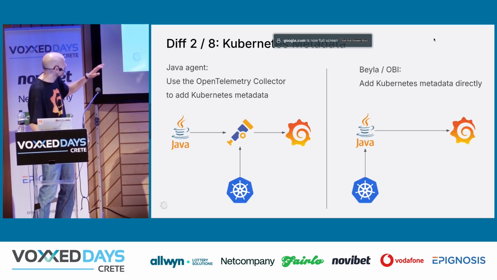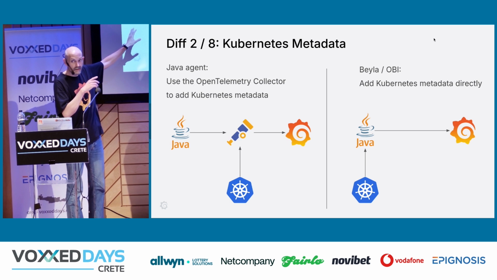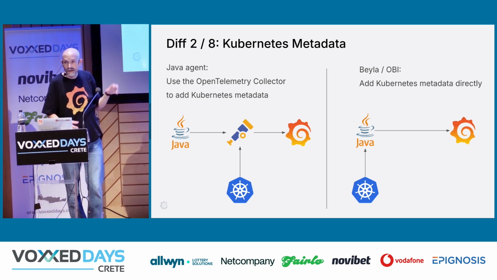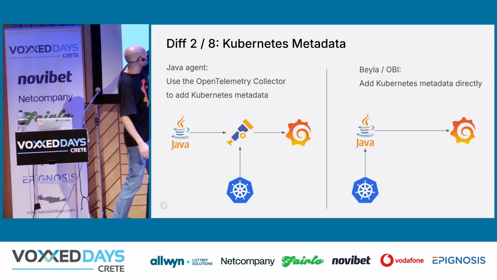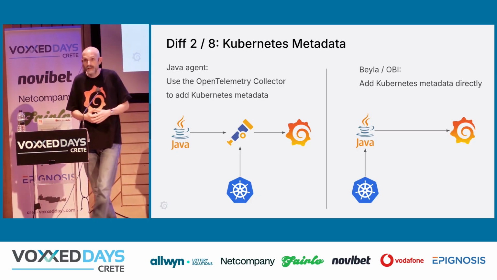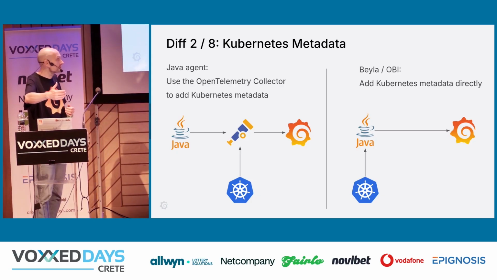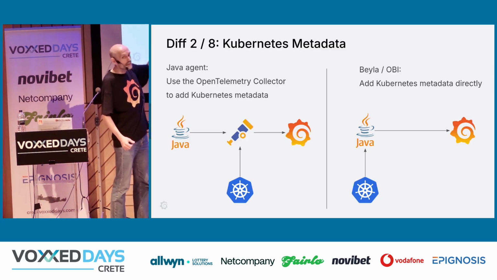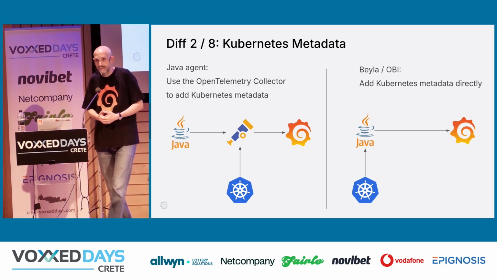What you have, the Java agent just provides metrics, traces, logs, but it does nothing with Kubernetes metadata. And the way this is supposed to work in OpenTelemetry, you have a man in the middle here, which is the OpenTelemetry collector. The agent sends all the signals to the collector. The collector talks to the Kubernetes API server, gets all the metadata, bundles it together, and then you store it in your monitoring framework.